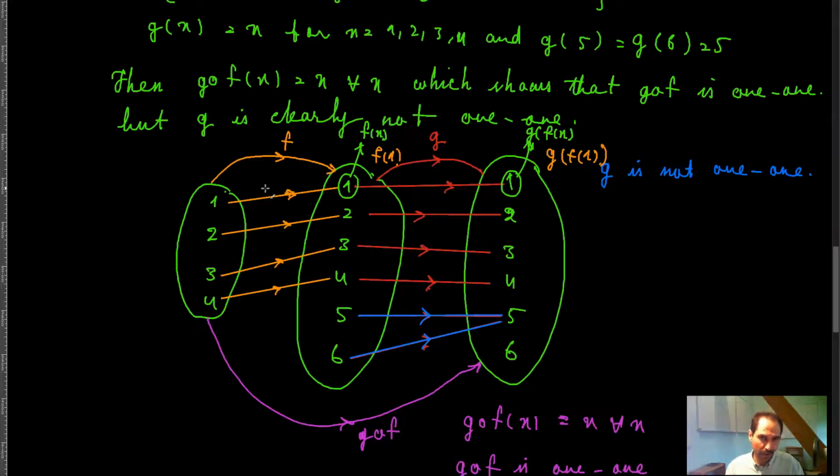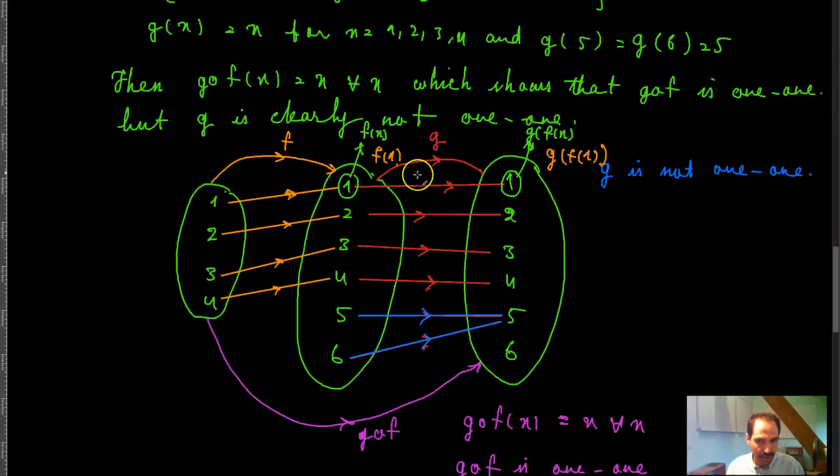Meaning that you can try to make the function f not 1-1, and then try all the different possible cases, and then you will come to the conclusion that for g∘f to be 1-1, at least f has to be 1-1.